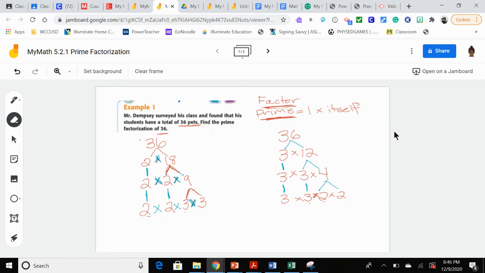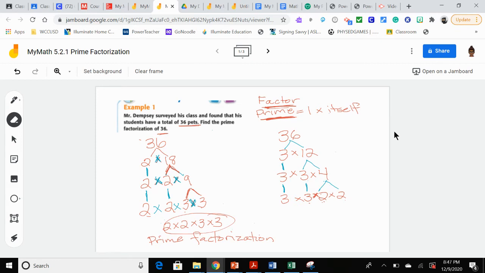So the prime factorization of 36 is 2 times 2 times 3 times 3. That's the prime factorization of 36. It's one of those times I wish I wrote really fast.